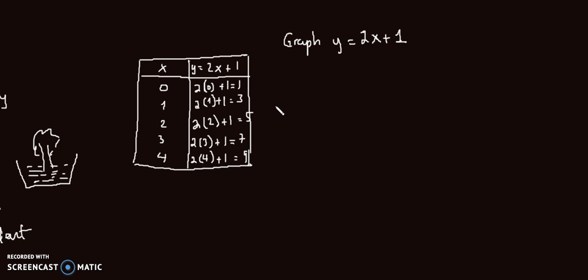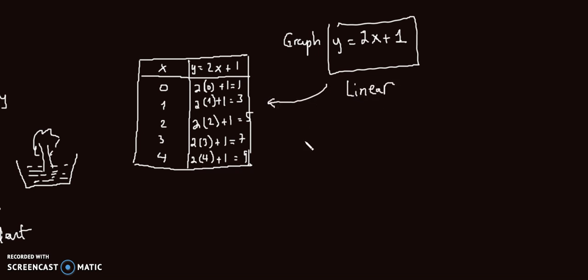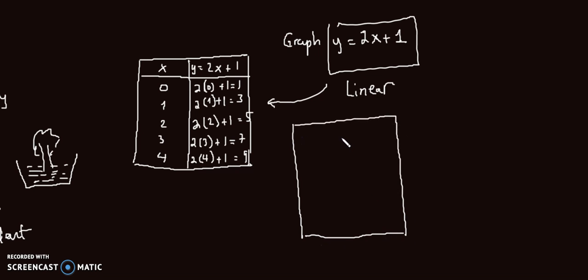Now, we know that this is a linear function already, and then we have this graph and this table of values. Now what happens if we are given only a table? I'm going to copy exactly the same here.